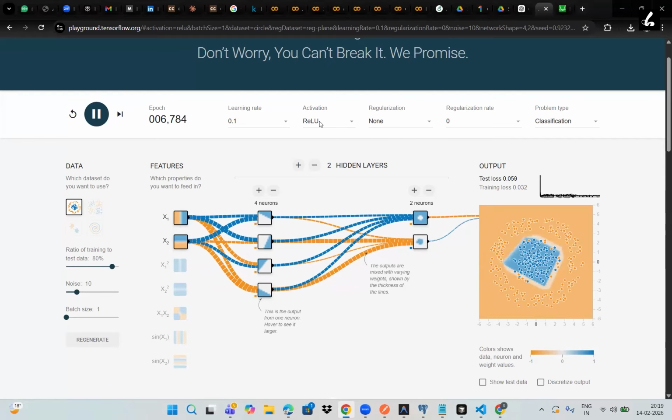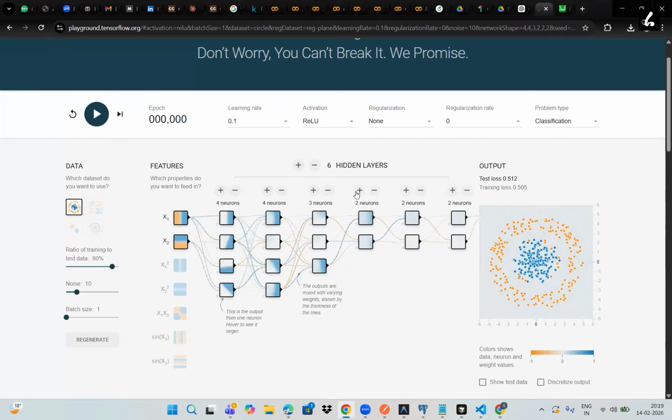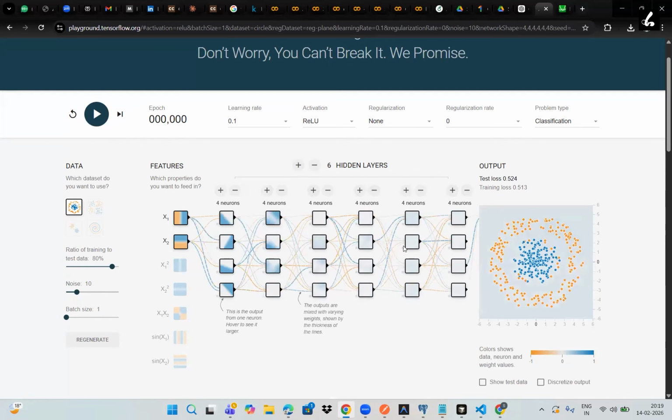Suppose I have this many hidden layers, and this neuron needs weight updation, along with all the connections with this neuron.